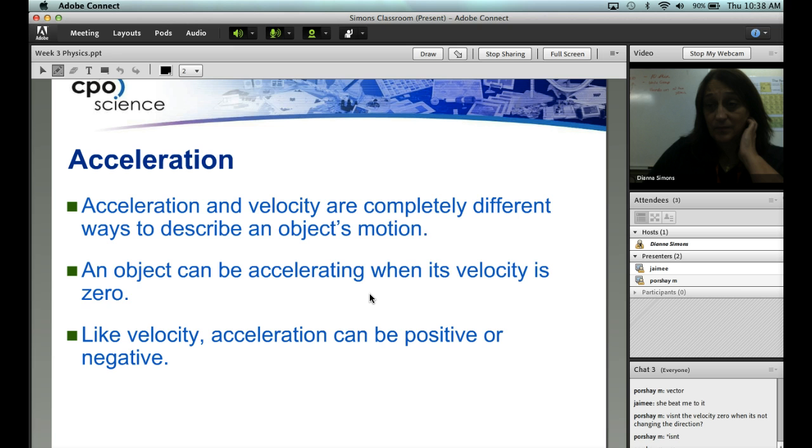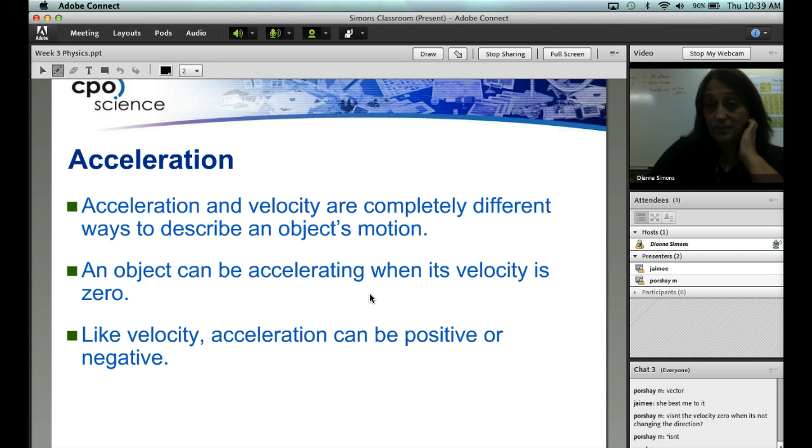So when it changes direction, for that instant that it's changing direction, then the velocity is 0, but there's still the acceleration there.